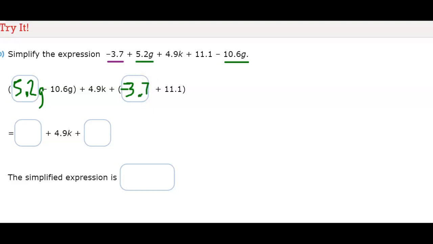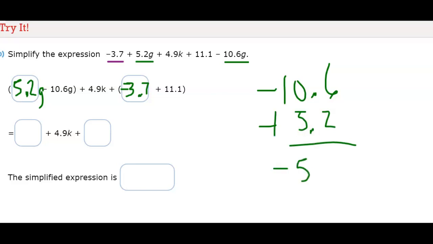So the 5 2/10 G minus the 10 6/10, you're going to subtract because that's a -10 6/10. So you subtract that, and when you add that, you're going to get -5 4 tenths.